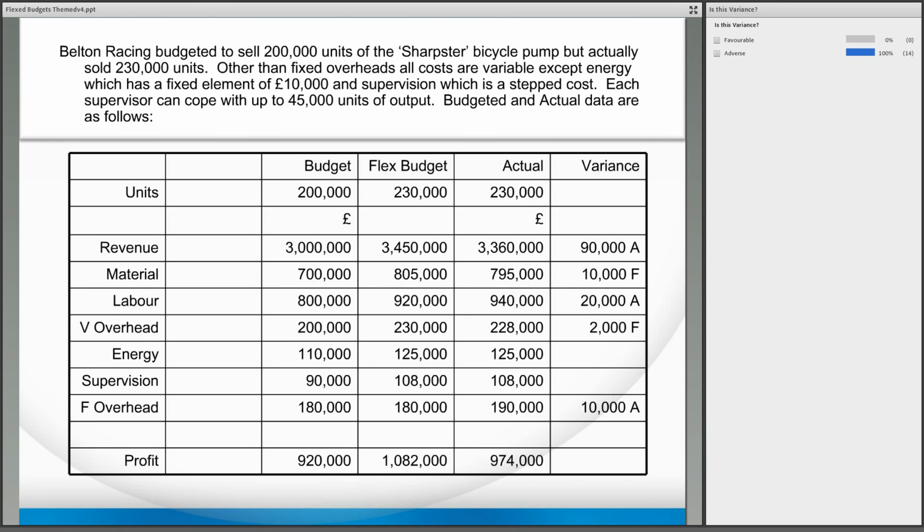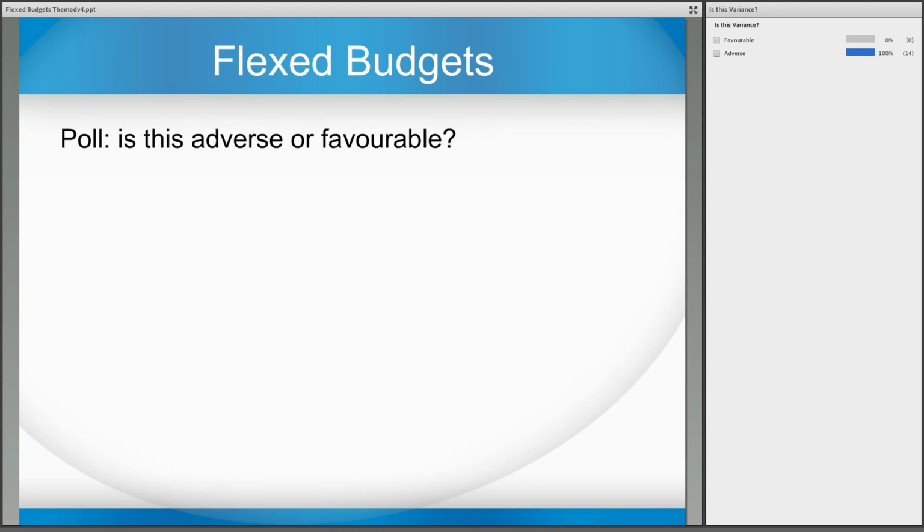So we've a difference in the profit, and the difference is 108,000. So who thinks this is an adverse variance, and who thinks this is a favourable variance? Right, okay, let's broadcast. Excellent, well done. Unanimous. Indeed, it is adverse.